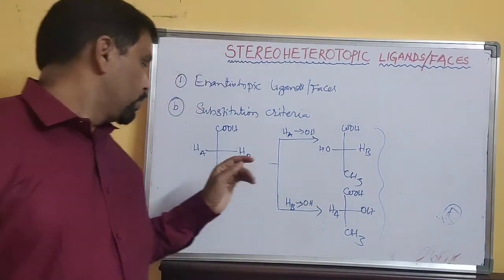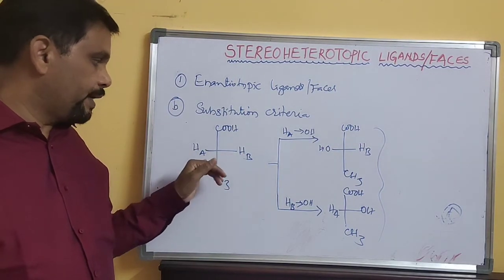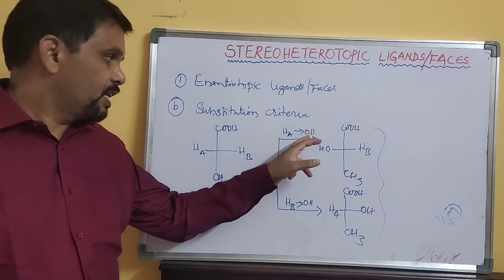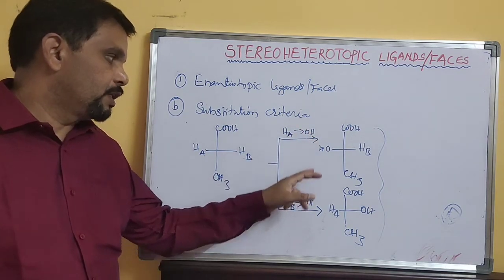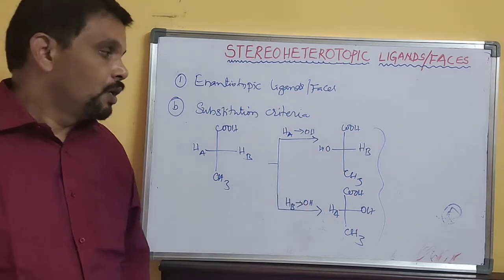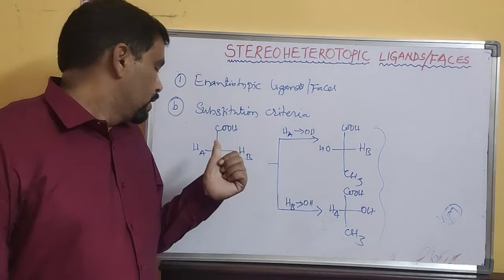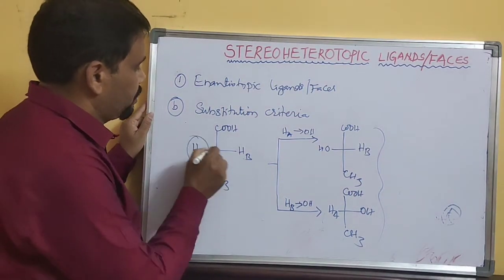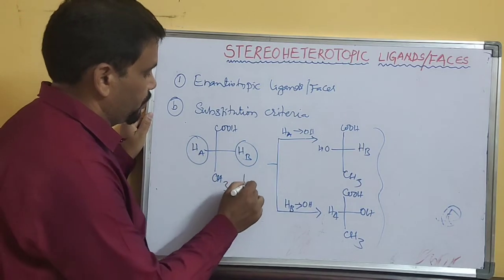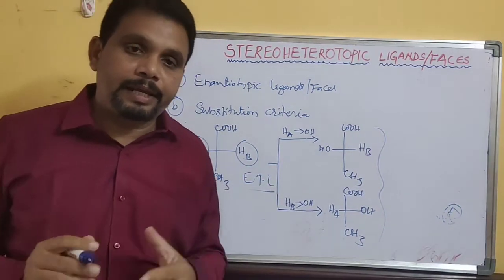So these two atoms or groups or ligands, on hypothetical substitution with a new group, the hydroxyl group, generate enantiomers. Therefore, HA and HB can be considered as enantiotopic ligands.